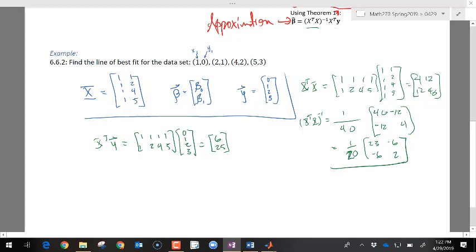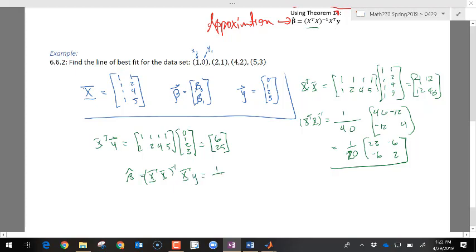Okay. So then our beta hat vector, there's too many symbols, is going to be, according to this, the x transpose x inverse times the x transpose times y.